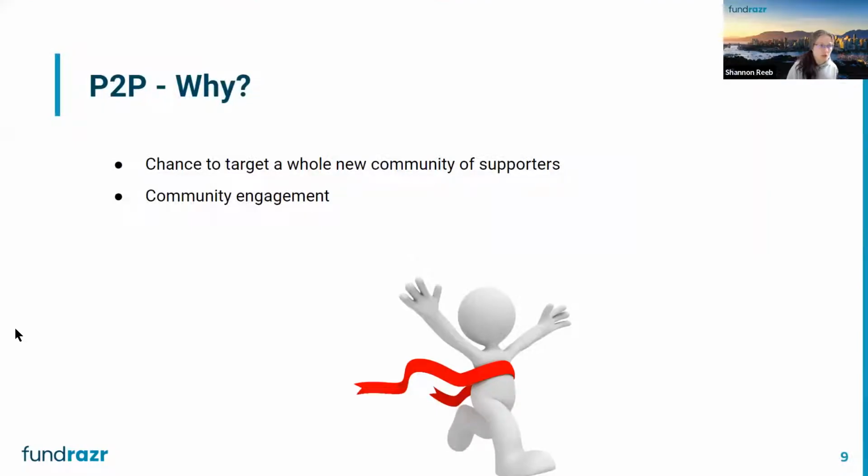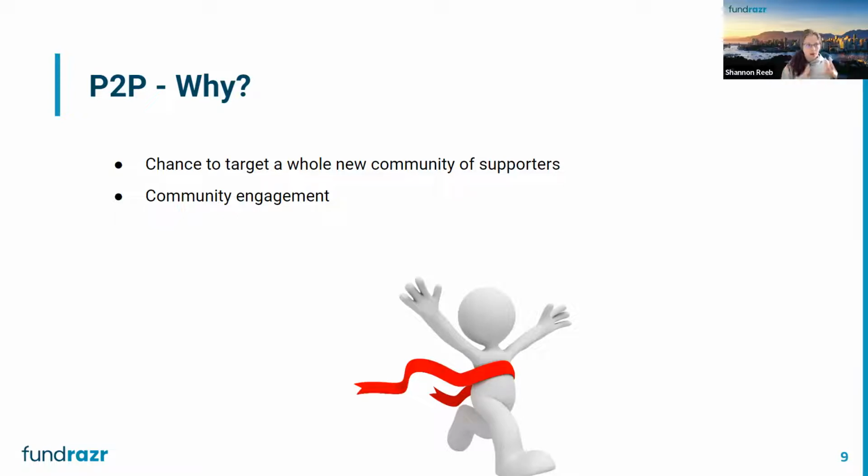Now, why is a peer-to-peer campaign useful? There's basically one main reason: you are targeting a whole new community of supporters. So if you're an organization right now, think of the network that you have, whether that's your email list or your Facebook followers, Instagram, TikTok, Twitter, whatever.